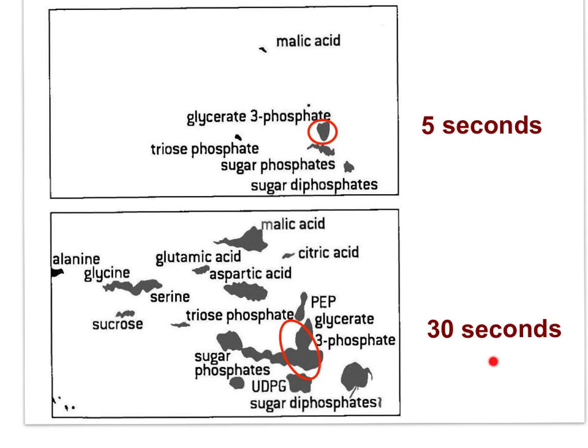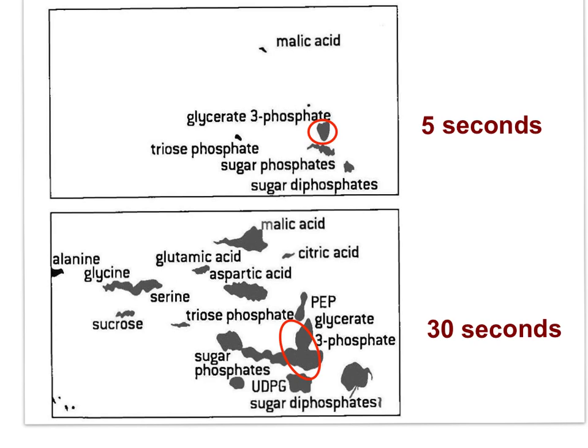But after 30 seconds, much more glycerate 3-phosphate and triose phosphate had been formed, as well as many other organic molecules. You can see these amino acids here had been formed, as well as sucrose, a disaccharide. Now, in previous slides, I've provided links to short videos on YouTube that talk about Calvin's experiment. Please review both of these videos.